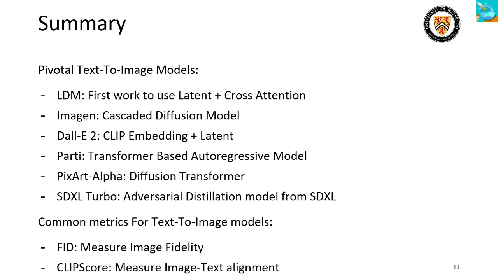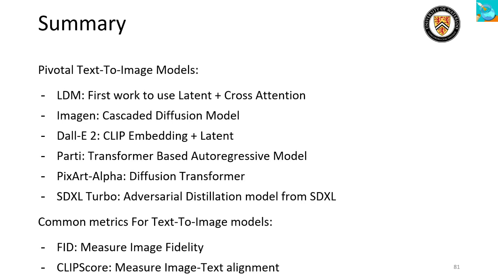Then next we have DALL-E 2, which utilizes the CLIP embeddings and the latents to synthesize high-quality images. Then we have Parti, a transformer-based autoregressive model. And then we have PixArt Alpha, which is a diffusion transformer. Finally, we have SDXL Turbo, which utilized the adversarial distillation from SDXL.